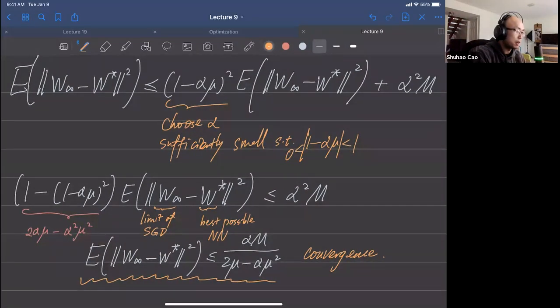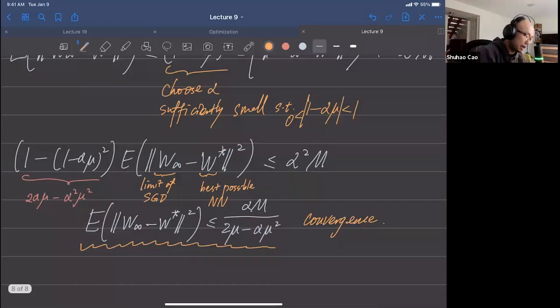There is no expectation. It's just like a vanilla contraction. There is no on average. It's like when we choose the step size sufficiently small, it's going to converge. It's going to converge to the best possible neural network.